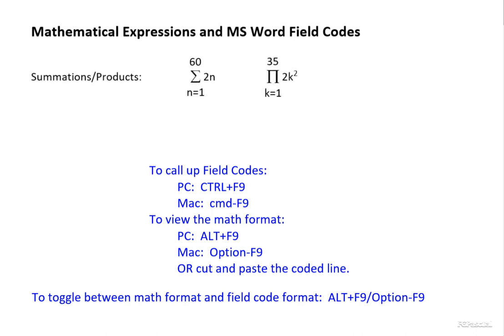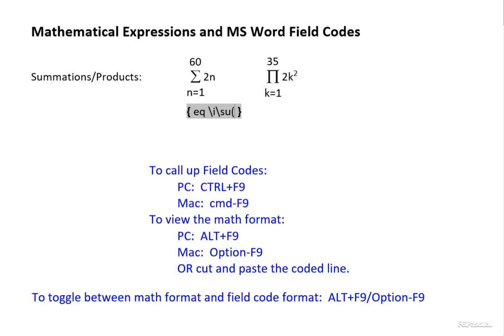We start summations and products like we do the other math field codes. The field code brackets, EQ space backslash. After the first backslash inside the field code brackets, we type I, which we think stands for integration. We'll talk about integration in a moment. Type backslash SU for summation.